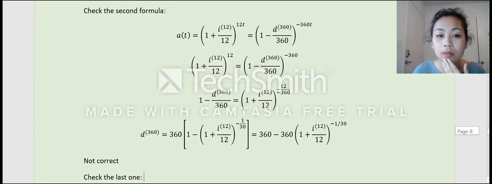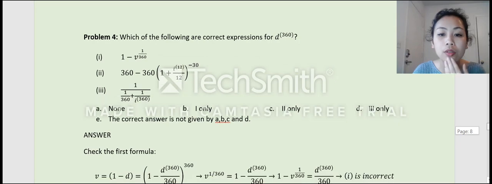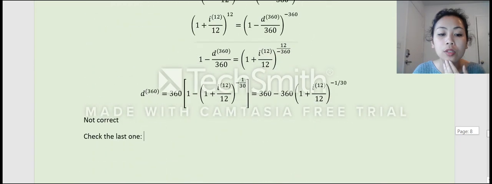The last one makes a connection of d^(360) with i^(360).